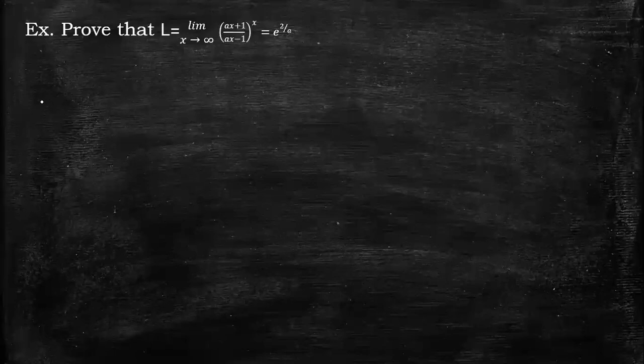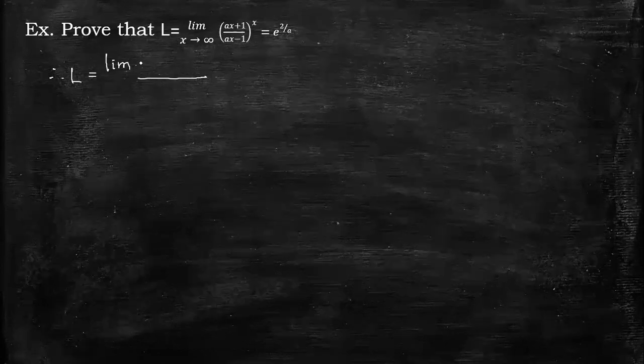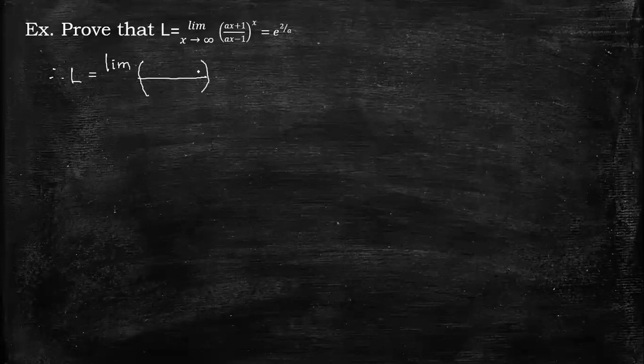And before going into the form, let us try to simplify the given limit. So L equal to limit of, inside that bracket some expression is there. I will be dividing both numerator and denominator by x.